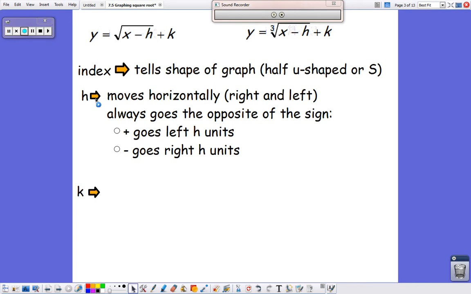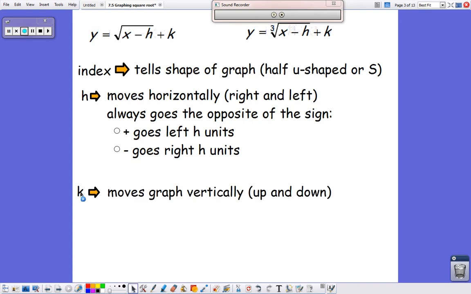Under the radical sign, we want this thing to go to 0, so the only way to make a negative h go to 0 is to make it a positive. So if it's a positive, then we're going to move to the left. We're basically going to do the opposite of whatever the h says. And if it's a negative, then we're going to go to the right that many units. And it's the same thing for the cube root.